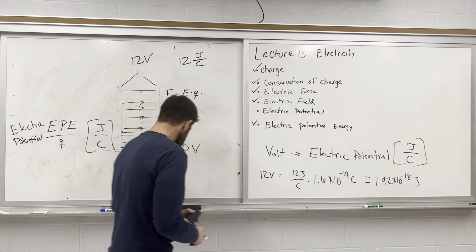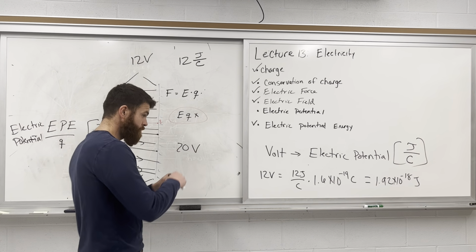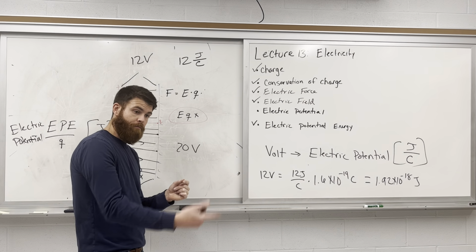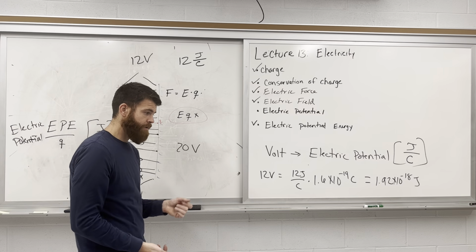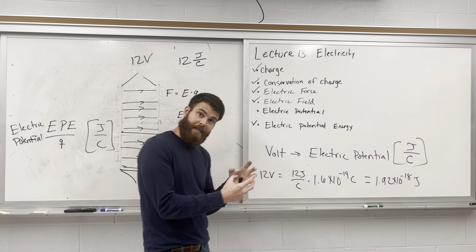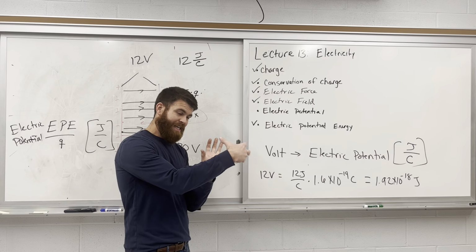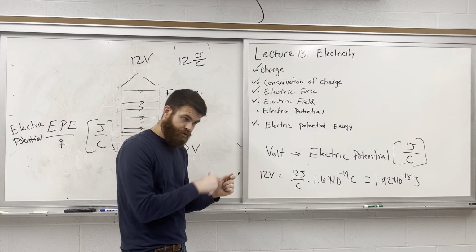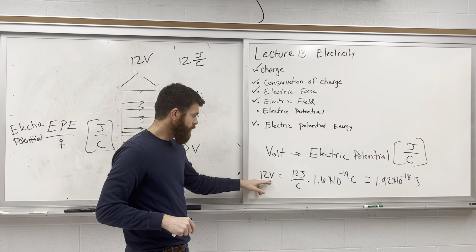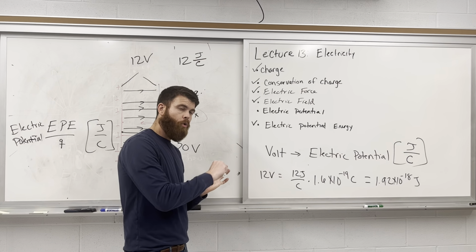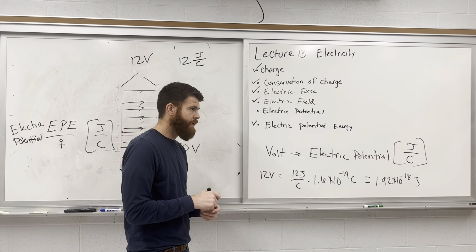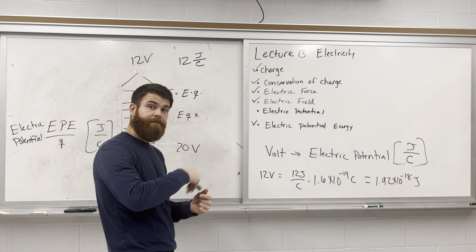And so, in order for electrons to move in a circuit, they have to have kinetic energy. And the larger the voltage of the battery in the circuit, so the battery is the potential energy that drives the electricity in the circuit, the more energy can be given to the electrons and move them faster.